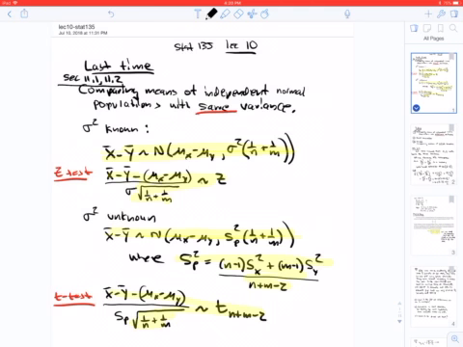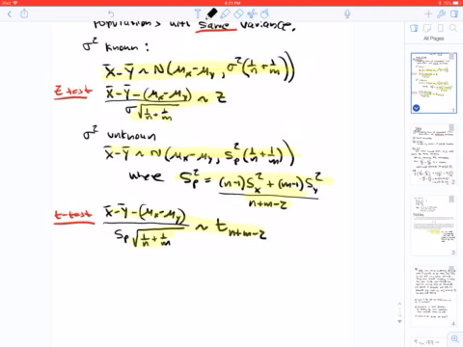In the z-test, the standard error is just what you would expect: sigma times the square root of 1 over n plus 1 over m. For the t-test, however, we used a pooled standard deviation, which we derived last time.